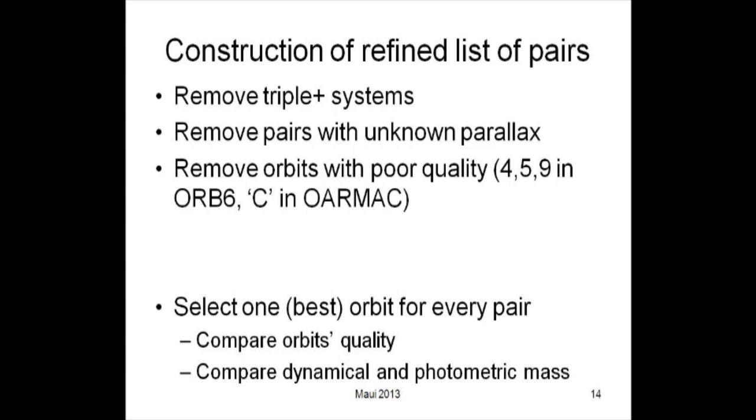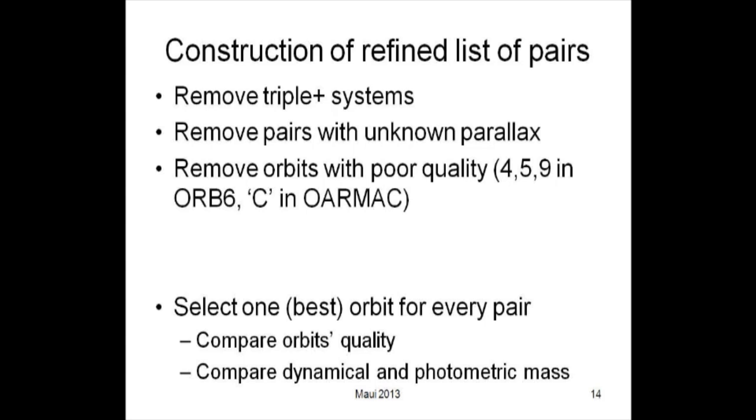Quality is indicated in original catalogs. Then we have selected one, presumably best, orbit for every pair based on orbit's quality, but as a rule, different orbits for the same pair have the same quality.